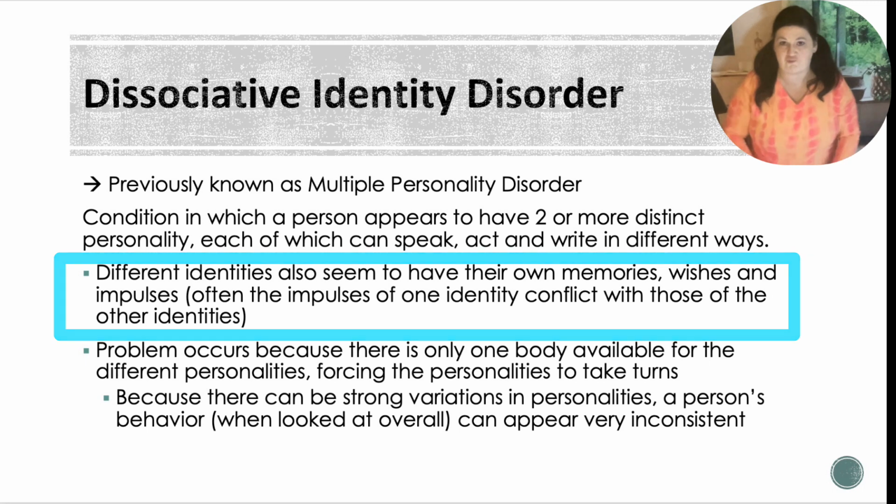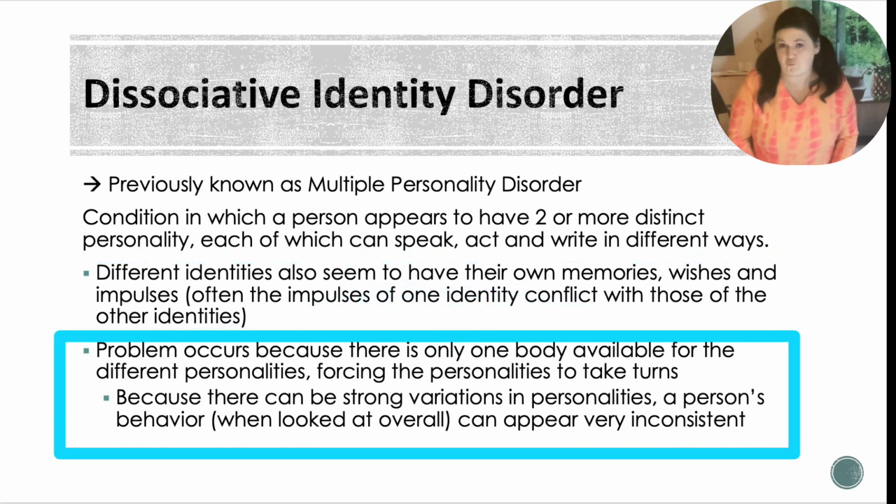Really interesting. So problems occur because there's only one body available for each personality, right? The different personalities have to force the other personalities to take turns because there can be such strong variations in personalities, right? A person's behavior, when looked at overall, can appear very inconsistent.